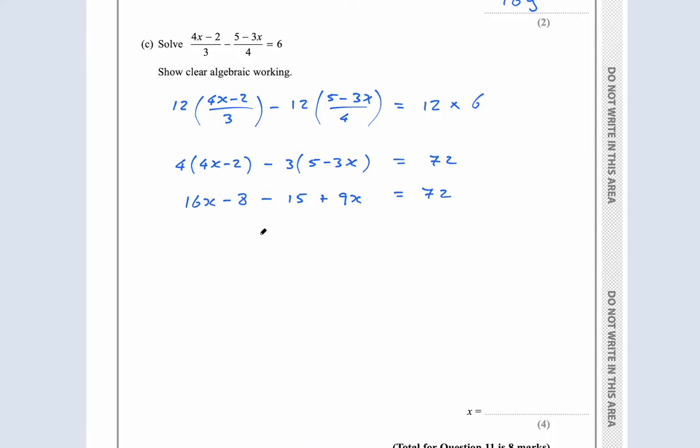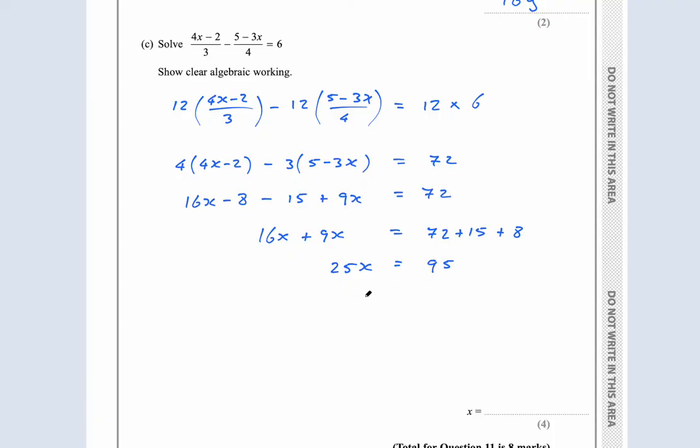Get my x's on one side, so I have my 16x and my 9x here, that's fine. And then I'm going to add 15, this 15 here, add it to both sides, and I'm going to add the 8 as well. 16 plus 9 is 25, so that's 25x. 72 plus 8 is 80. 80 plus 15 is 95.